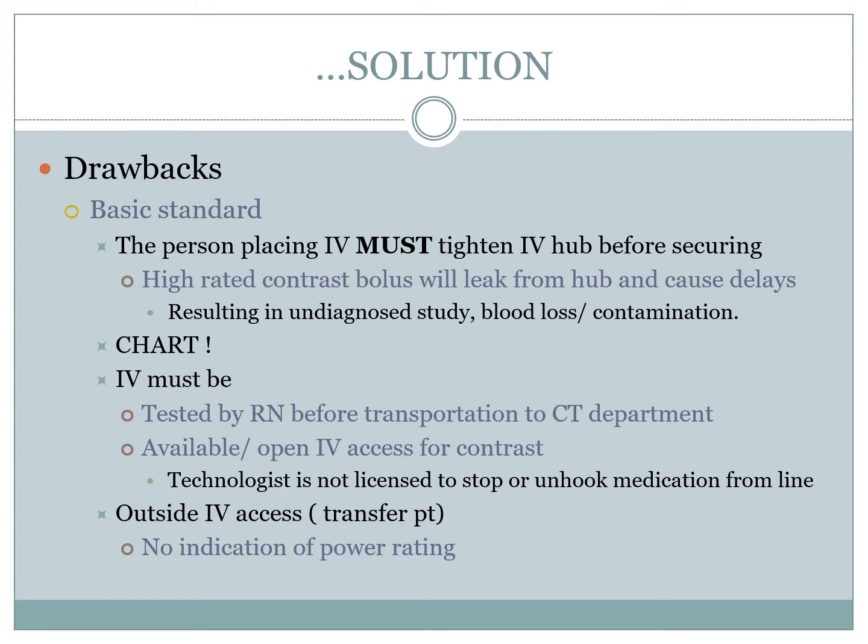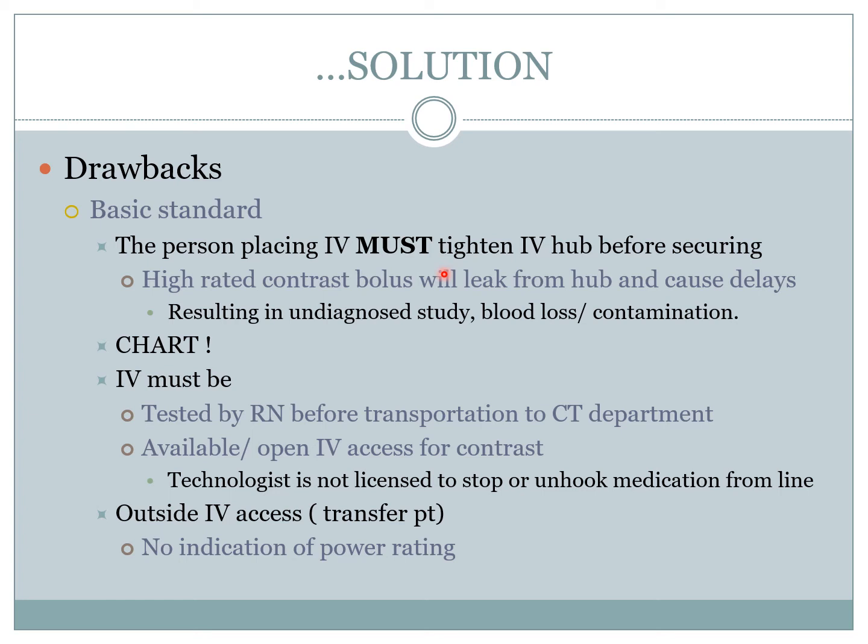Okay, drawbacks. Some problems that we have when a patient comes down with their IV is this. For some reason, there is a hub connected to the line of the IV that's not tightened, even though after it's screwed on, it's taped down.